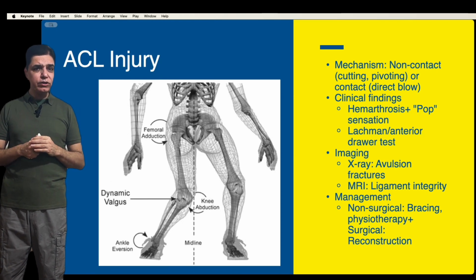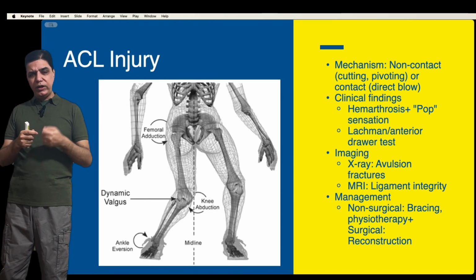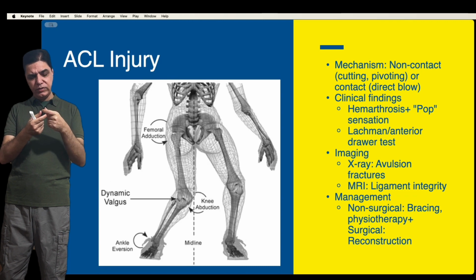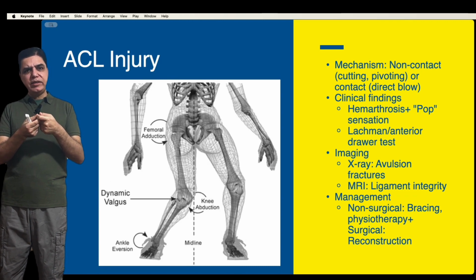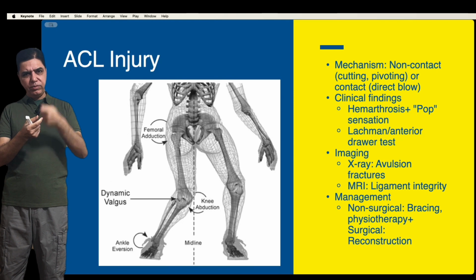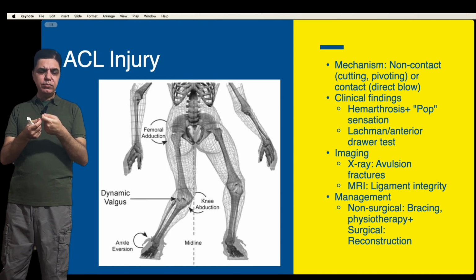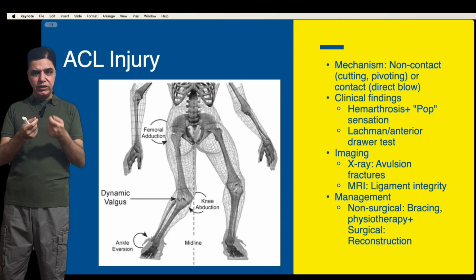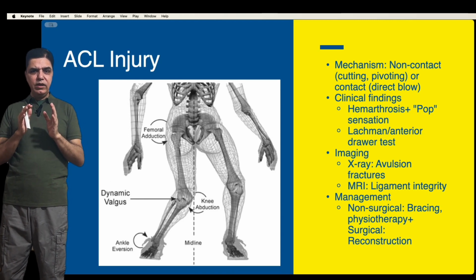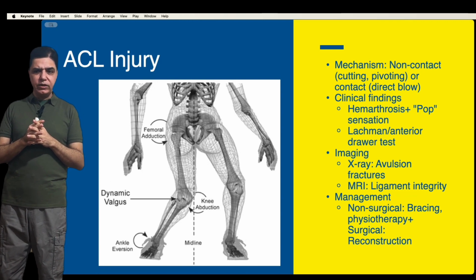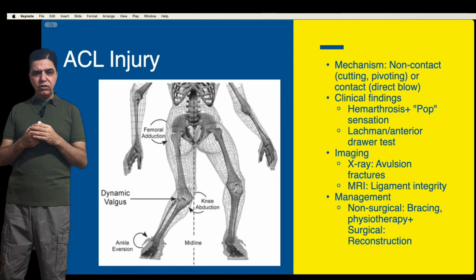X-rays are very important in anterior cruciate ligament injury, because the anterior cruciate ligament is attached to the intercondylar surface of the tibia. Sometimes as it ruptures, it can pull a part of the bone with it, so it can cause a tibial spine fracture, or be associated with other avulsion fractures of the knee joint.